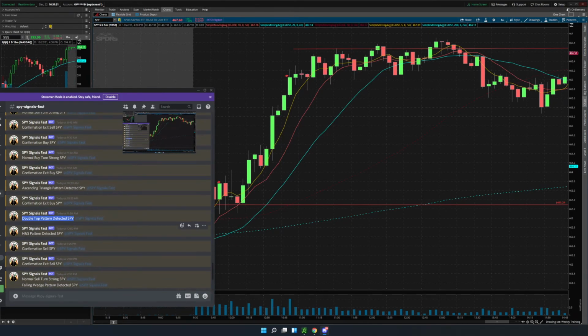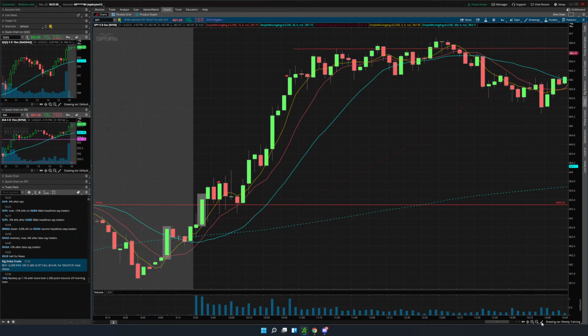All right, then we got a head and shoulders pattern at 12:50. So the head and shoulders is going to look, and this is hard to draw on this, it's going to look like this. So we've got a shoulder.